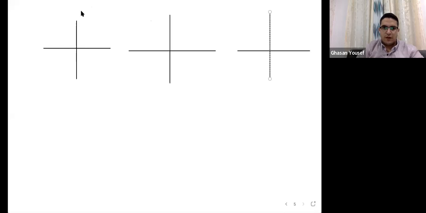All of them have angles in the standard position. This is my positive x-axis, the initial side. The first one is 30 degrees, so it should look something like this. This is 30, this is 45, and here is 60.